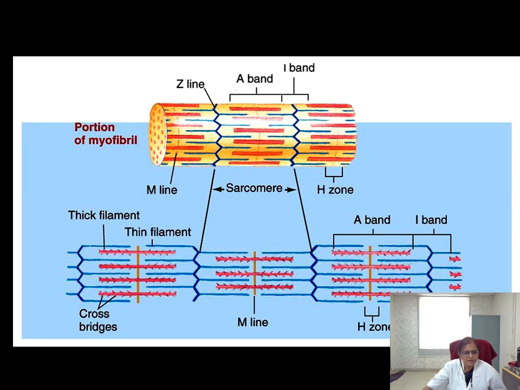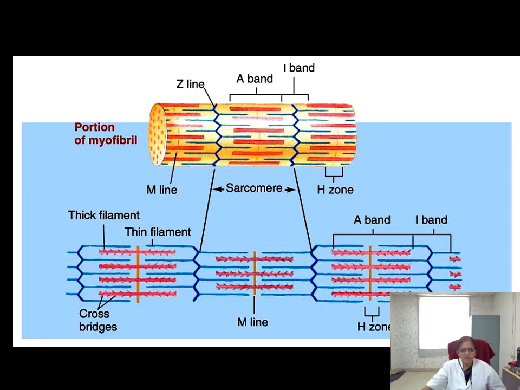Myofibril, as I told you in the last slides, has thick filament and thin filament. They are arranged in series like this in a single muscle fiber also. Almost the whole cytoplasm is filled with these protein structures. The smallest part of this muscle fiber is called the sarcomere. So what is a sarcomere? It is the structural and functional unit of a muscle fiber.